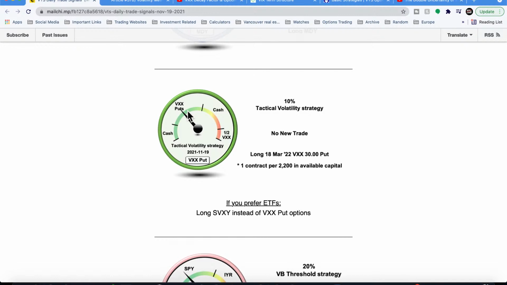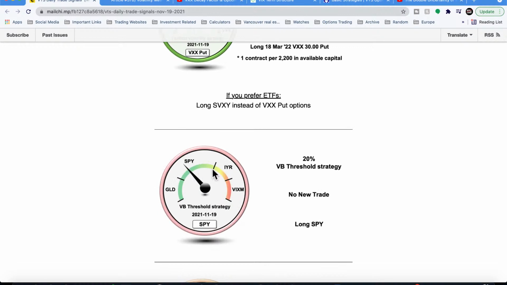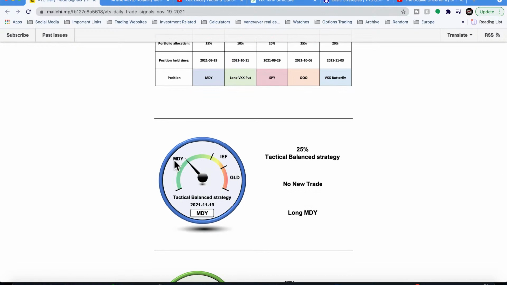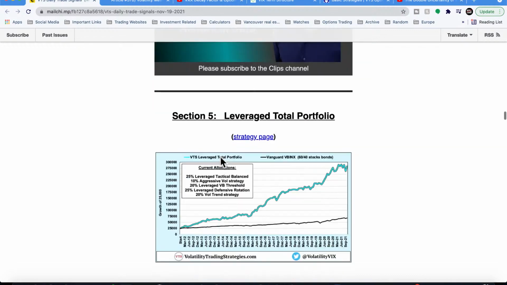Now, if you used a more extreme example, like it went from 21 to 30, obviously the front month contract and the back month would go up quite a bit. But if that was the case, I'm only concerned if this trade dial goes above this line, right? I'm only moving out of the SPY if I have a reason to get into real estate. I'm only actually going to exit my S&P 400 mid cap and go to safety bonds if I have a reason to do that.